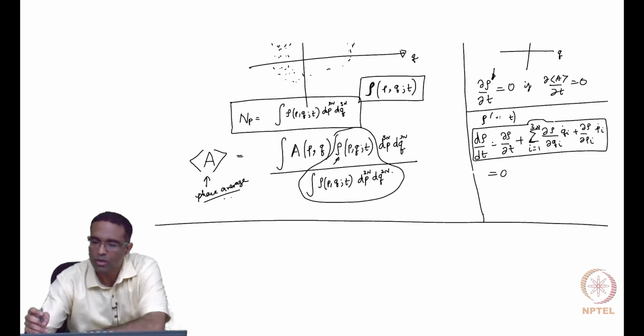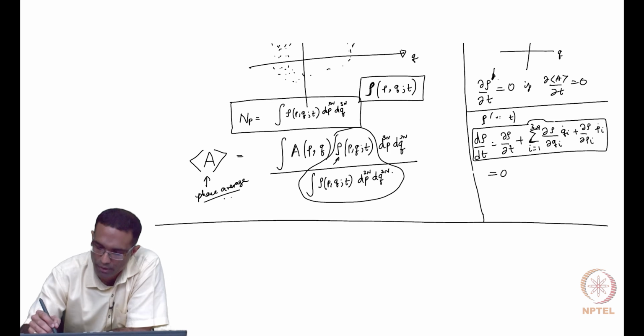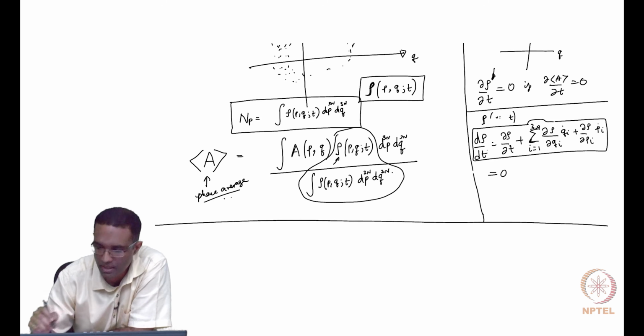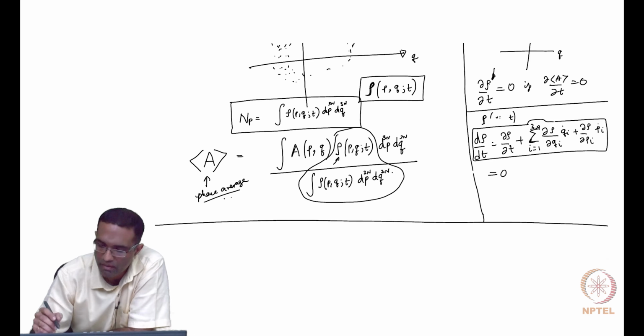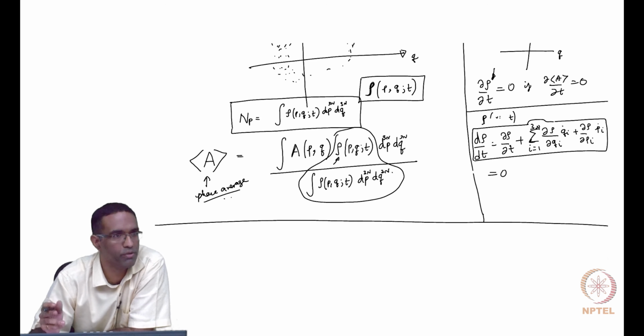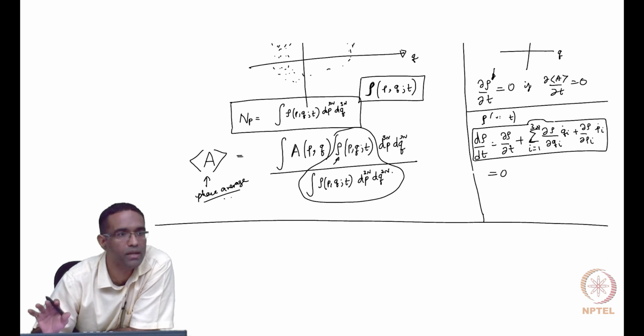This is different from this, obviously. d rho by dt equal to 0 is a fundamental property of the phase space, whereas dou rho by dou t equal to 0 may or may not be true. If you are talking about systems in equilibrium, then dou rho by dou t is actually equal to 0.